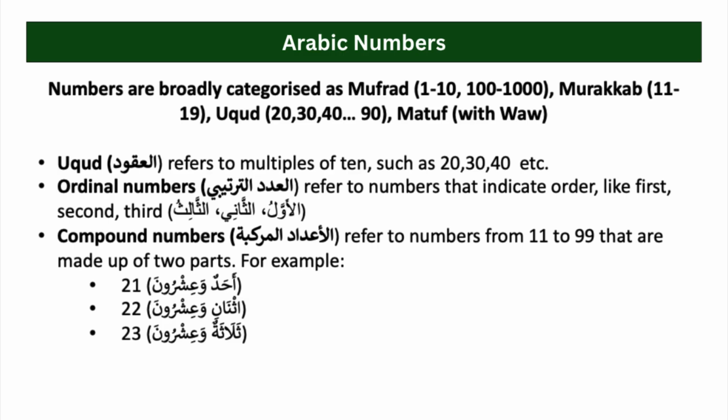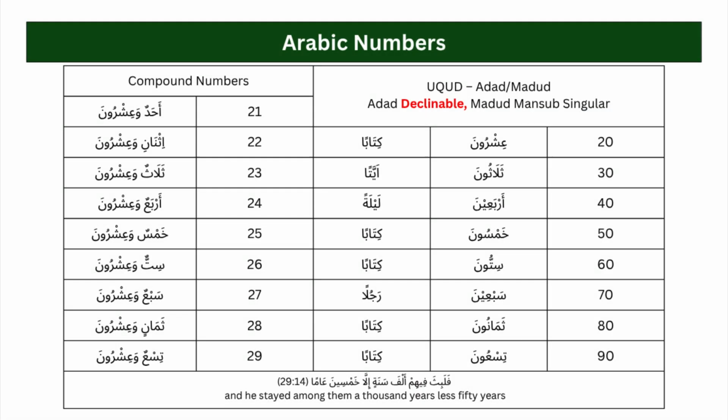So a useful memory line for this slide is 11 and 12 agree, but 13 to 19 are mixed. First part opposite, second part same. And another is, from 11 to 99, the madud is usually singular mansub. Now we come to the next slide, and this slide continues the numbers lesson from where we stopped.